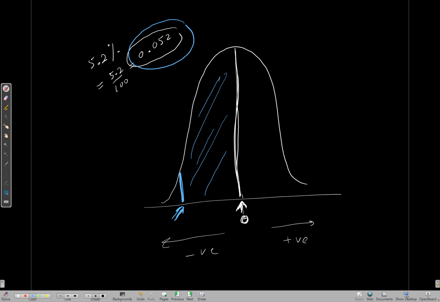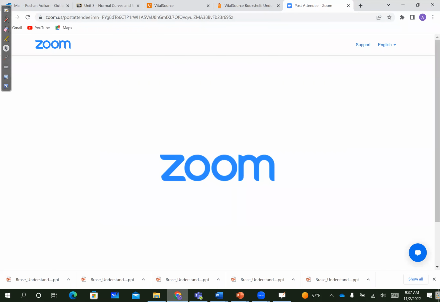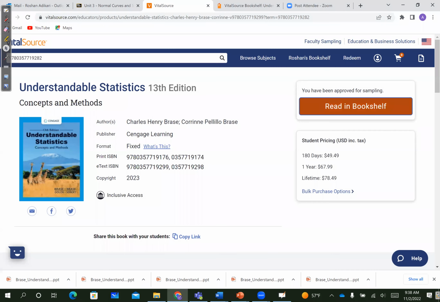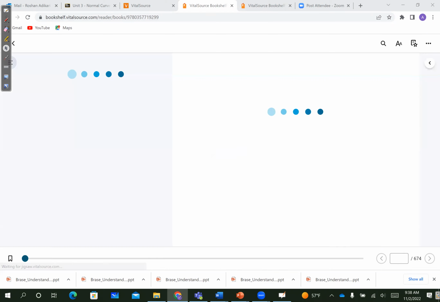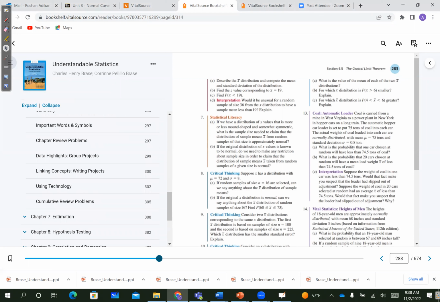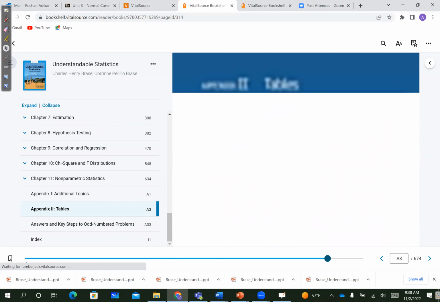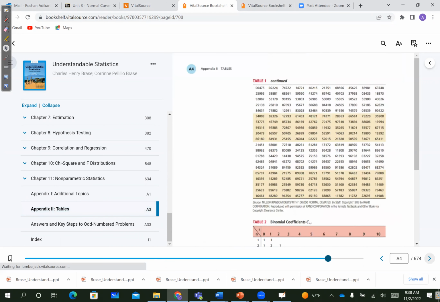Now where do you find that? Well, you have to have the book. Let me see. I don't have the physical book. I have this here. I think I opened it. And then scroll down to tables. Not table 4, if my memory is correct, table 5.